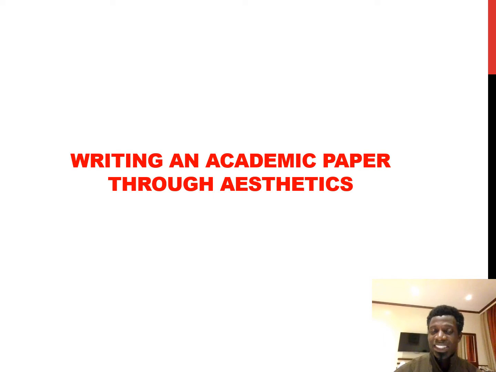That's great. Today, we're going to look at writing an academic paper through aesthetics. If you look at the exercises we've been doing, we're now looking at how we write aesthetically.